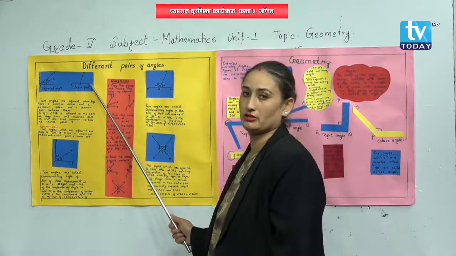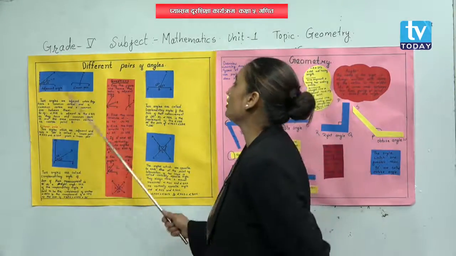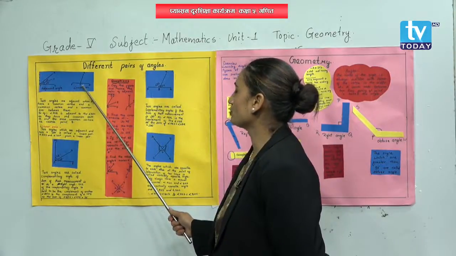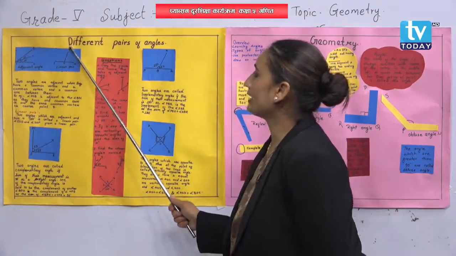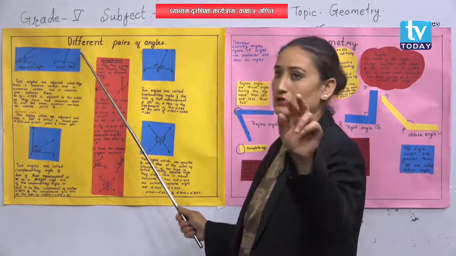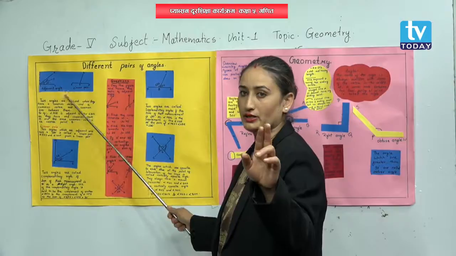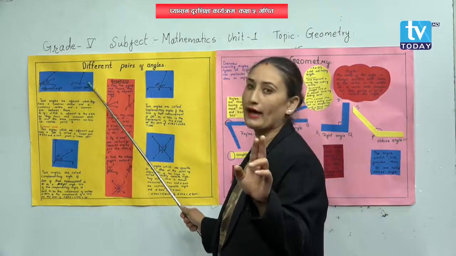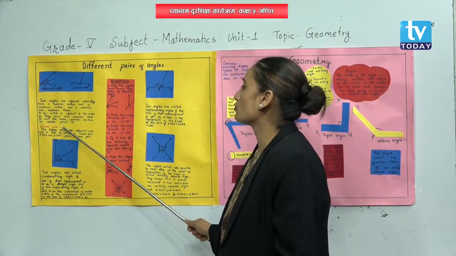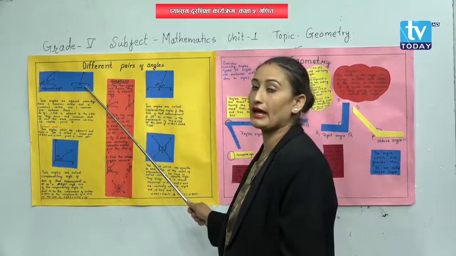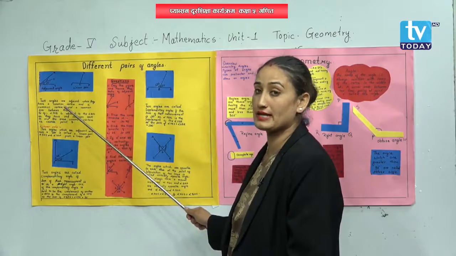So linear pair. What type of angle is known as a linear pair? See here, two angles: angle EOD and angle DOF. When two angles are adjacent, these are also called adjacent angles, so don't get confused, because they have a common arm and common vertex as well.